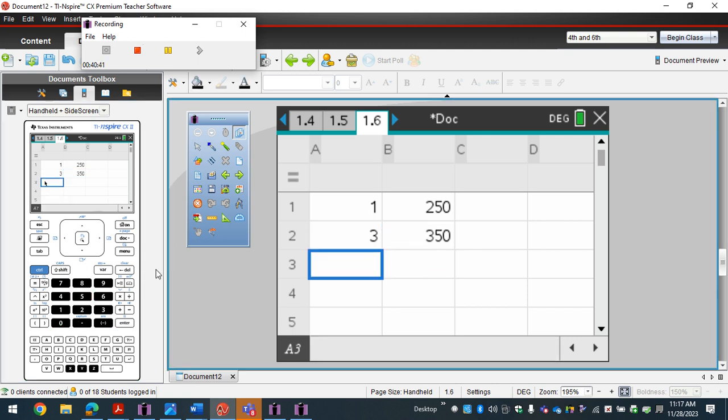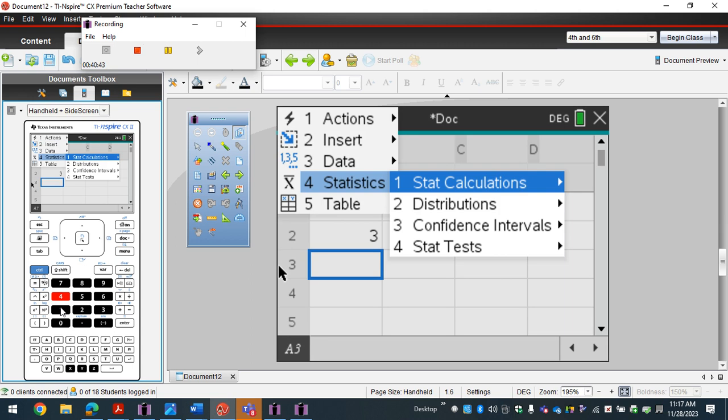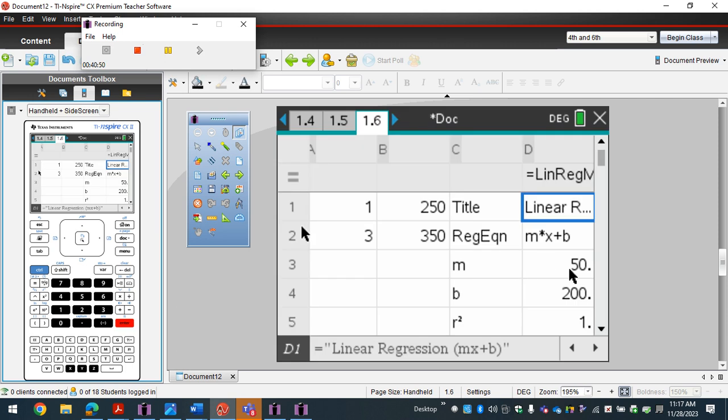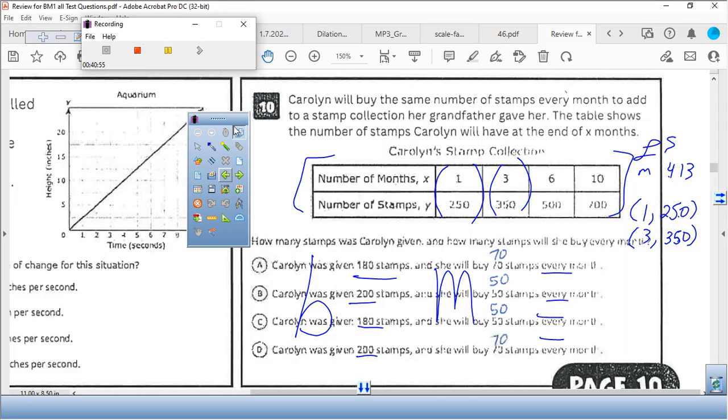Come back right here, menu, 4, 1, 3. I'm going to go to b, control, math, enter, enter. So b is 200 and m is 50. M is 50, and b is 200, and there she is.